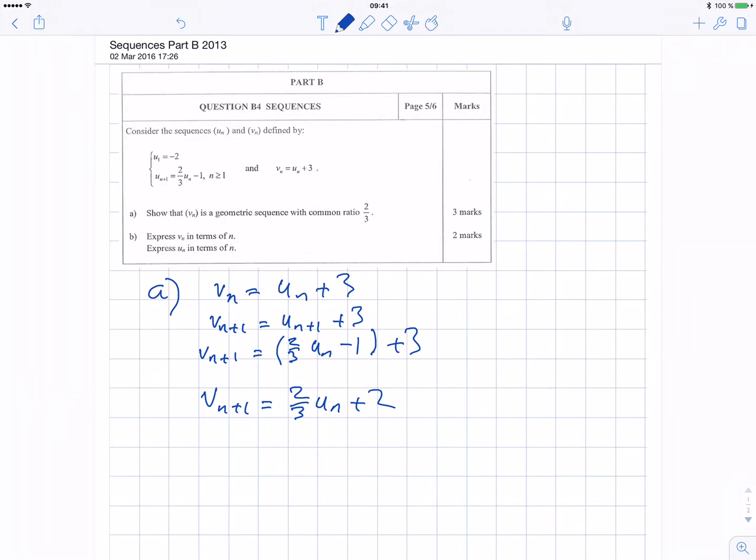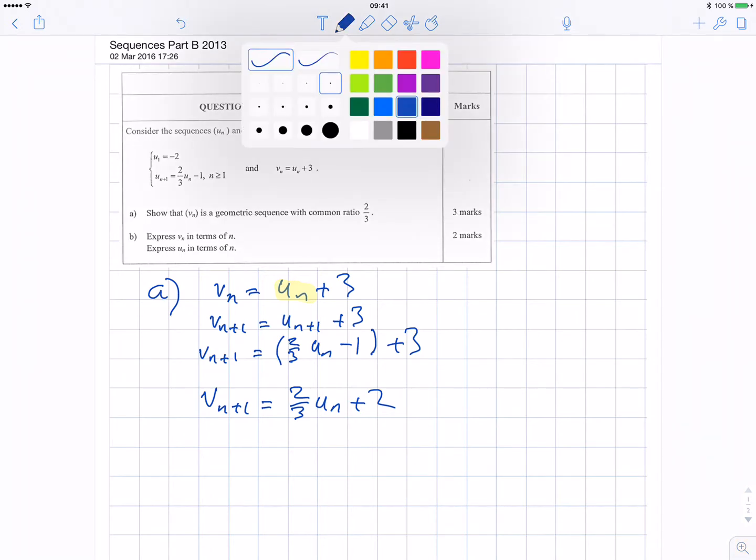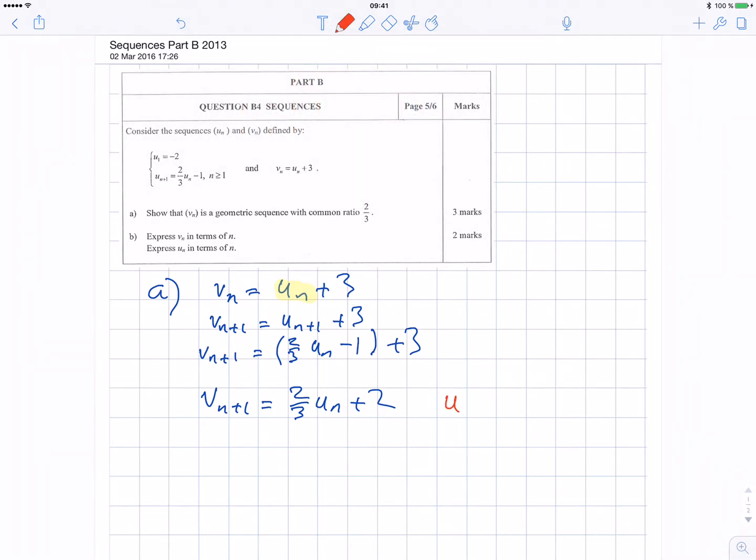Okay? And we know what un is, because I've got it up here. So I can rewrite, let me just get a different colour, un is equal to Vn minus 3.